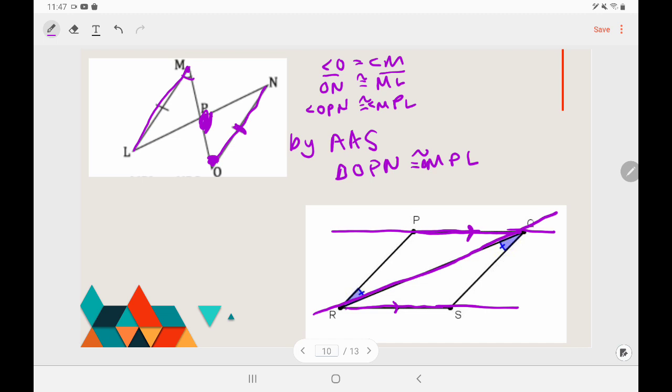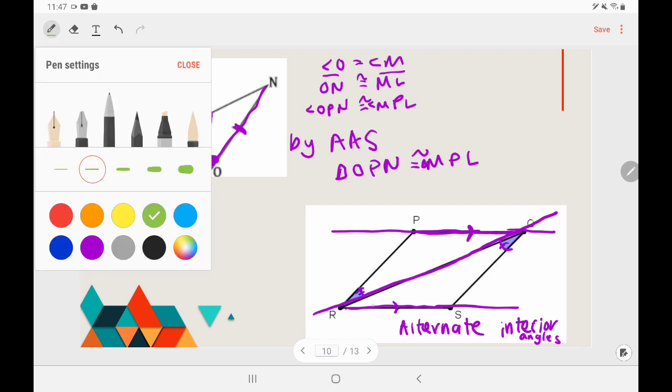So for example, these ones are already marked for you. These are alternate, and I'm going to write this down. These are alternate interior angles. But on the other side of this line, I also have a second pair.